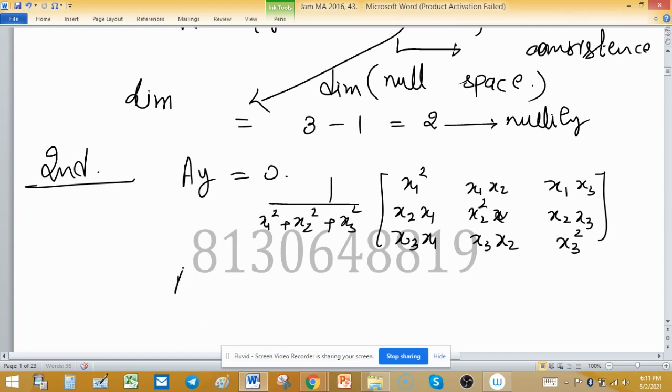So we have to find the dimension of Ay equal to 0, because this is a number. So we have to find the dimension of only this matrix, because dimension doesn't alter when we multiply or divide by a specific number. Dimension of null space. So find the dimension of this matrix.